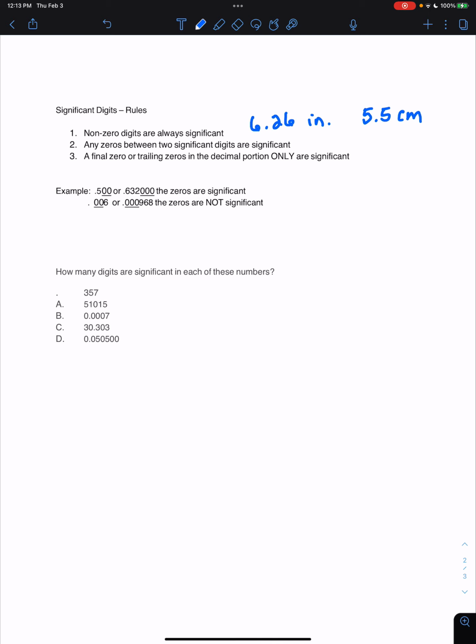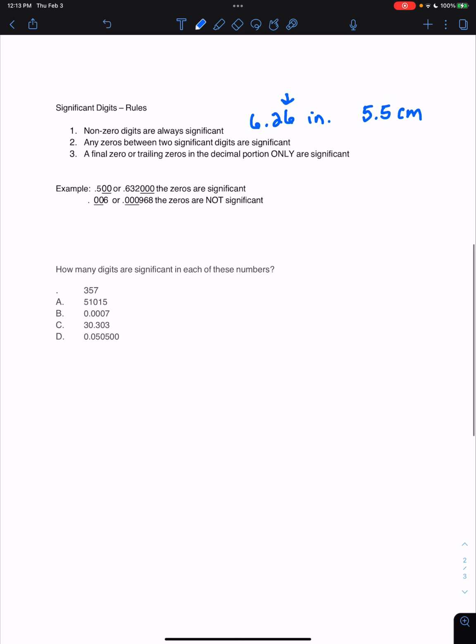In other words, we know that we're measuring precisely to that, for example, 1/10 of an inch, or 100th of an inch, or 1/10 of a centimeter. That's what significance means. It means that we can measure to that level of precision. So all of our non-zero digits are always going to be significant.